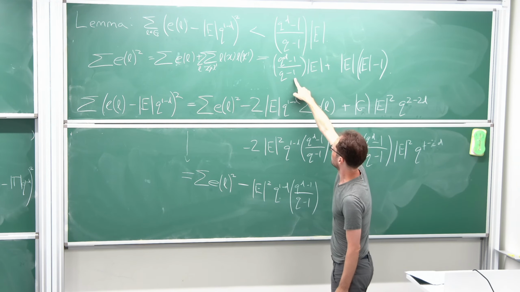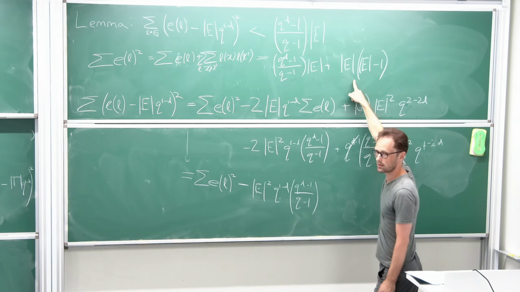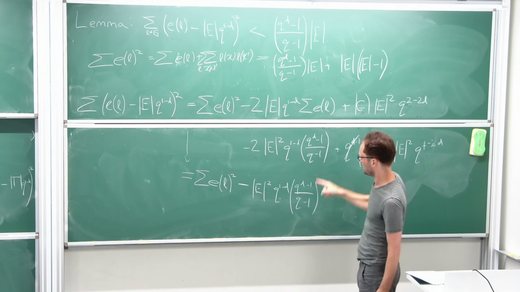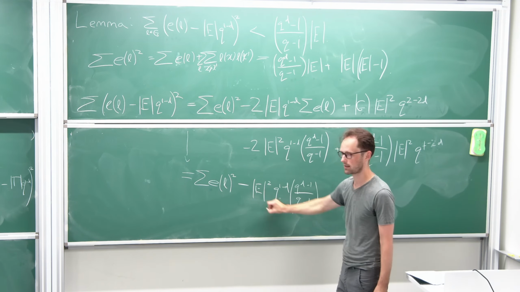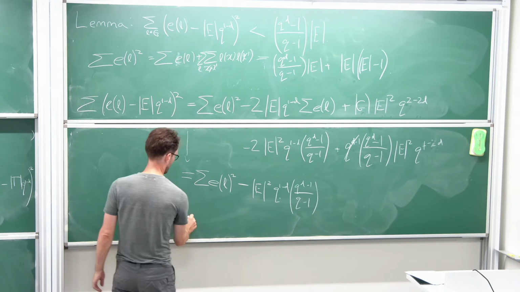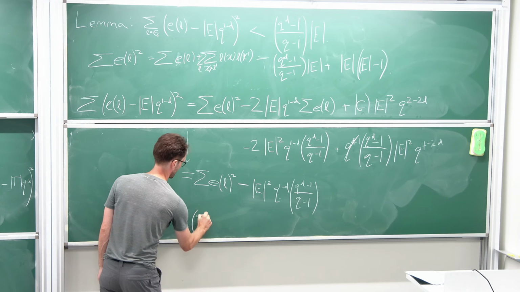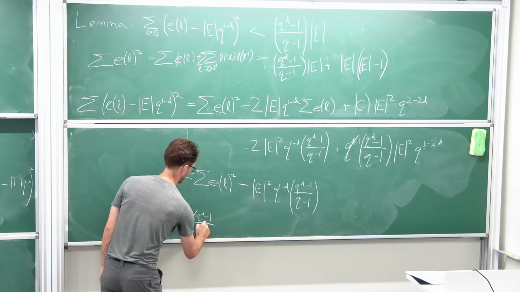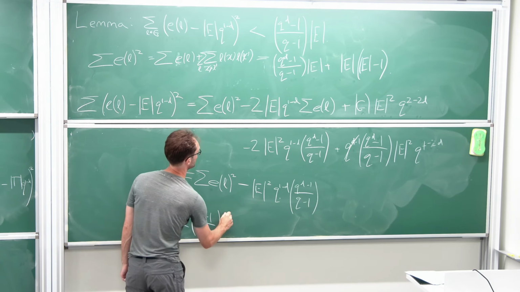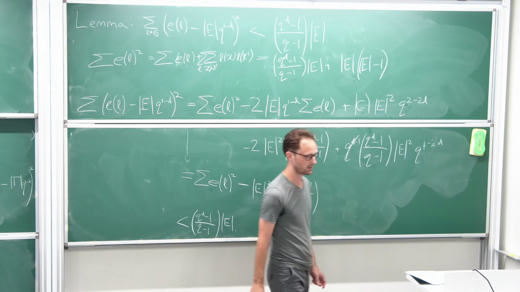It's the number of lines through a fixed point times E plus something that's less than E squared, whereas this term here is something that's slightly greater than E squared. So we can just get an inequality here and get q to the d minus 1 over q minus 1 times E. Yep, 5 minutes.